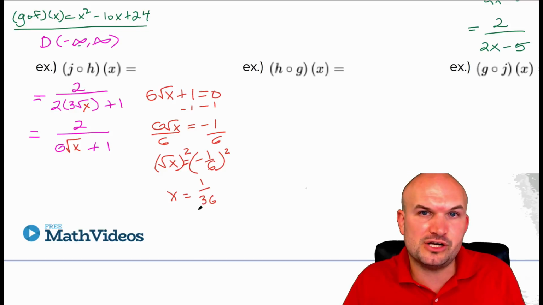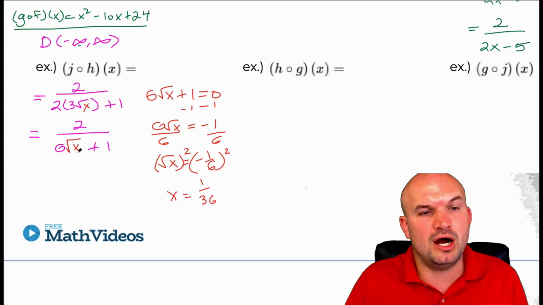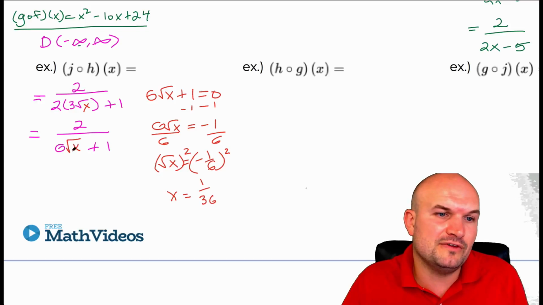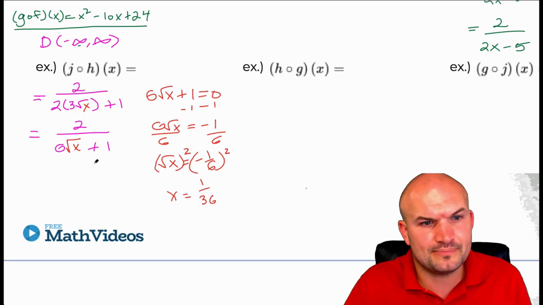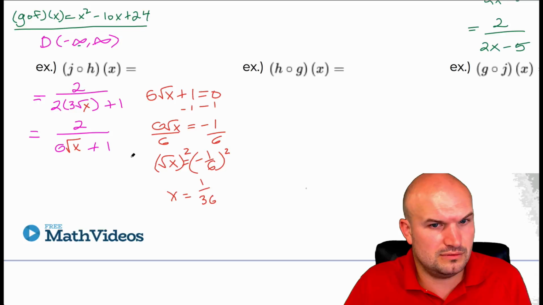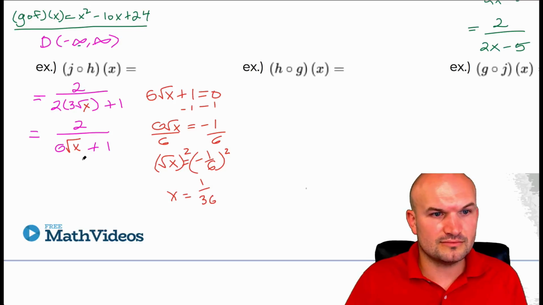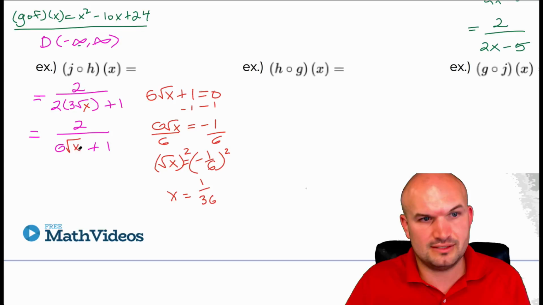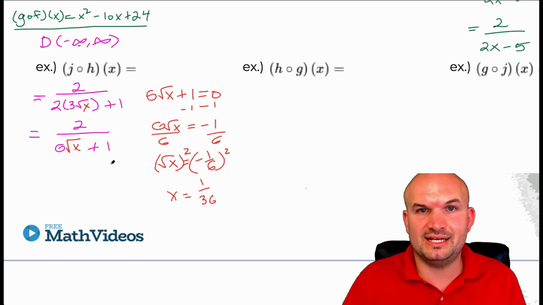And we want to determine, does that work? Can we plug that into our new function? Is that going to make our denominator 0? If you look at that, the square root of 1 over 36 is going to be 1/6, and 1/6 times 6 is going to be 1, but 1 plus 1 is 2.